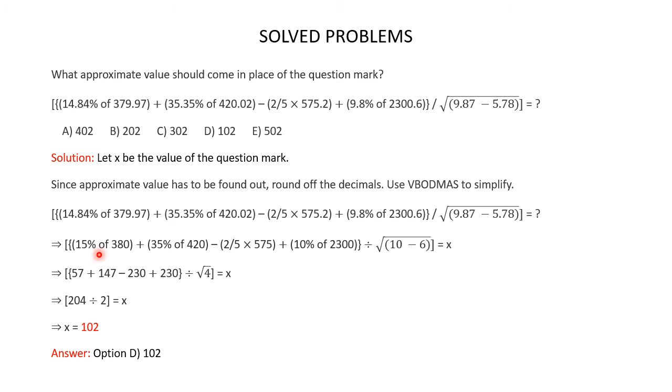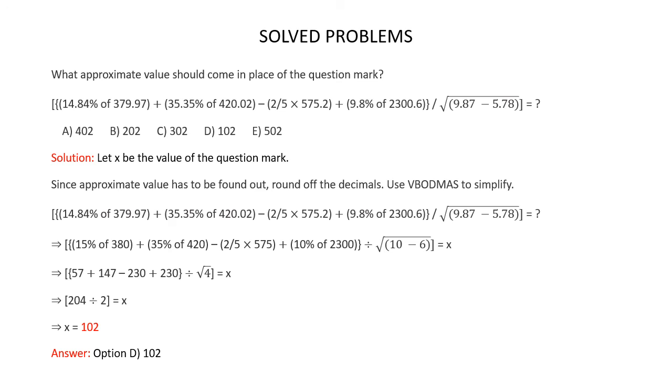So 15% of 380 is 57, 35% of 420 is 147, 2 by 5 multiplied by 575 is 230. 10% of 2300 is 230. 10 minus 6 is 4. So square root of 4. So now you have the equation as 57 plus 147 minus 230 plus 230 divided by root of 4 is equal to x.